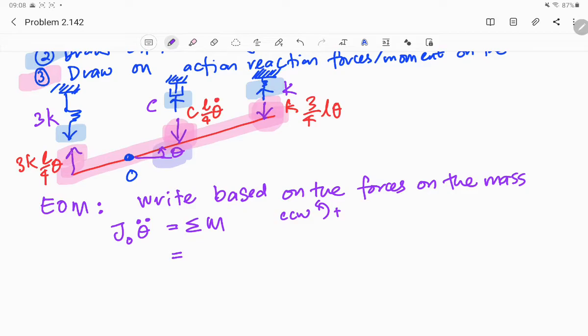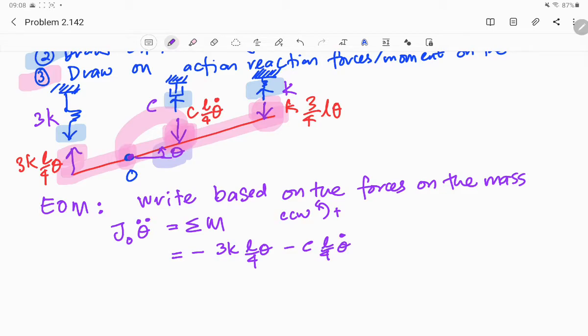You look at the arrowhead and go from here, and you see it's clockwise, so you get negative 3k L over 4 theta. For C, you look at the arrowhead and this point, so it is also negative: negative C L over 4 theta dot.